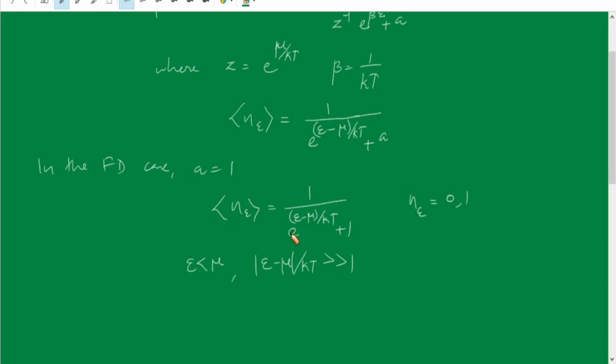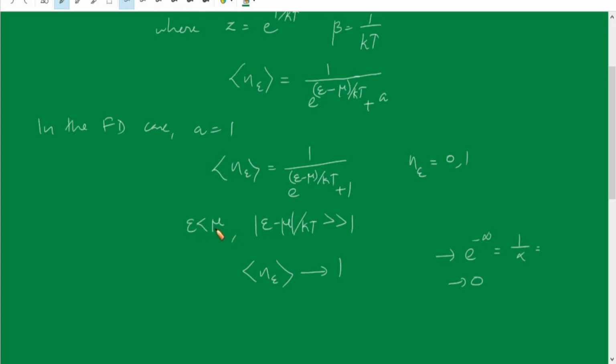So e raised to minus infinity becomes 1 by infinity, which tends to 0. This term tends to 0, so 0 plus 1 is 1. So N_E tends to 1, which is the maximum value of N_E.